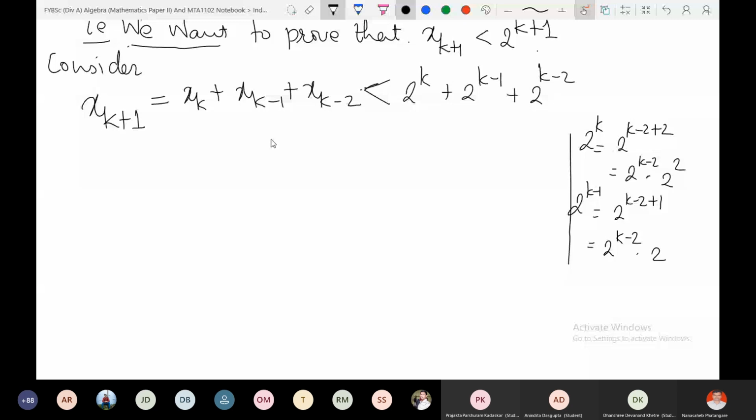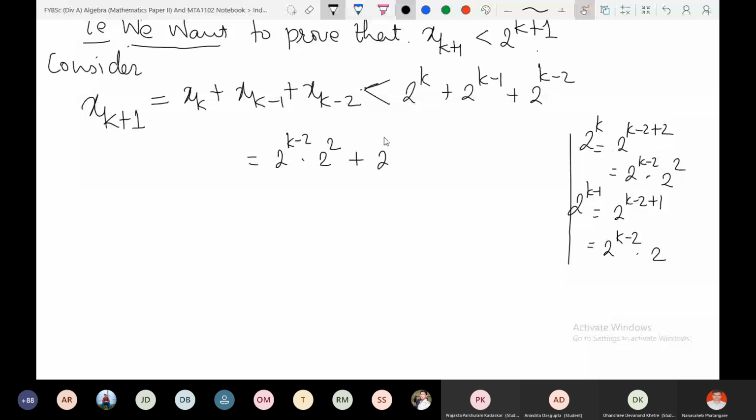Right. So now we are here: 2 raised to k plus 2 raised to k minus 1 plus 2 raised to k minus 2. Which is the same as 2 raised to k minus 2 into 2 raised to 2, because I am splitting 2 raised to k in this way, because the value is not going to change in any way.